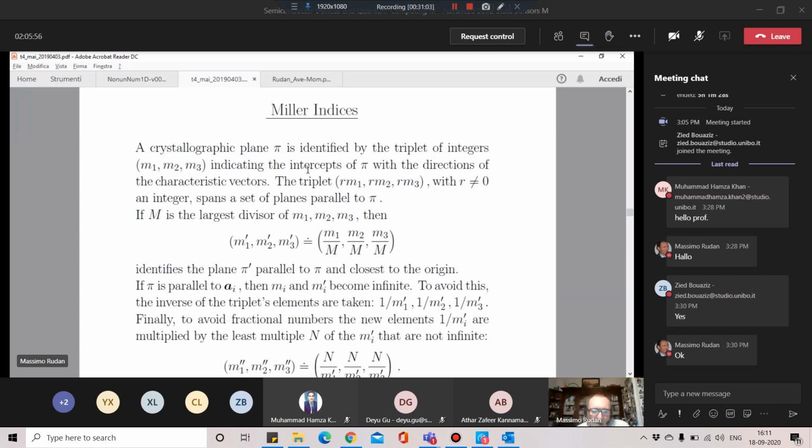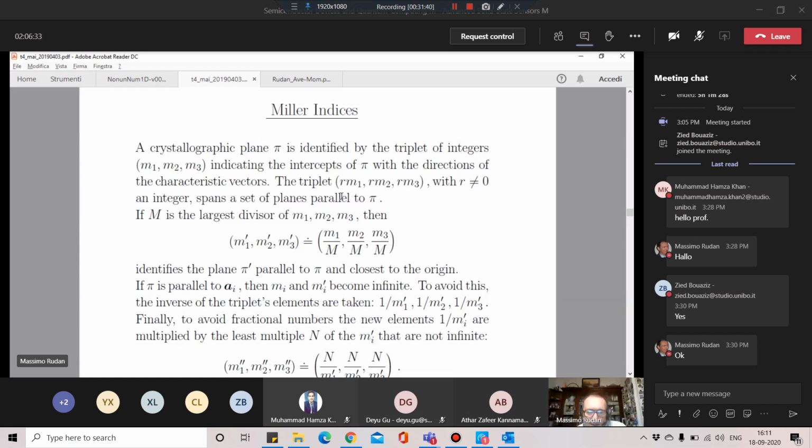So the first rule is we adapt this multiplying parameter R in such a way to obtain the minimum triplet. What we want is to obtain the triplet of integers describing the plane that is the minimum one, okay? This triplet corresponds to the plane of the family that is closest to the origin. How do we do it?